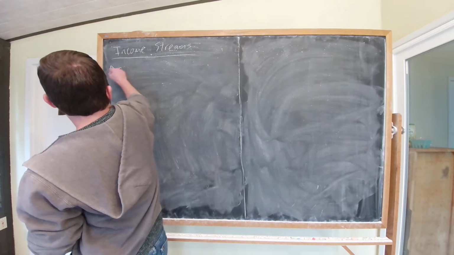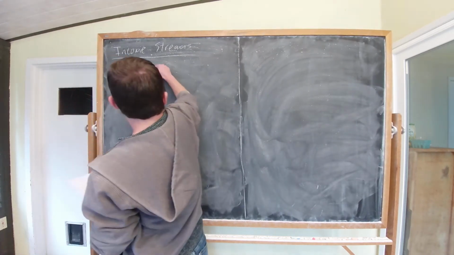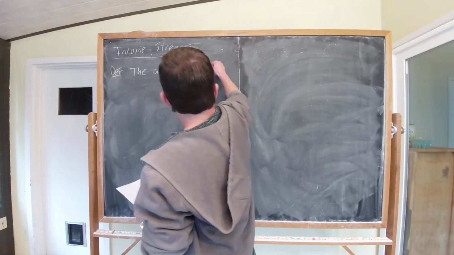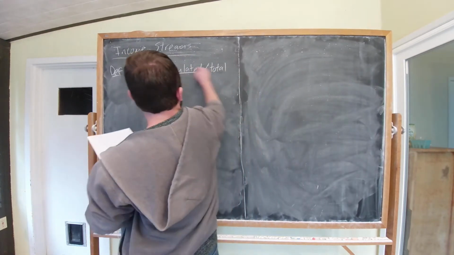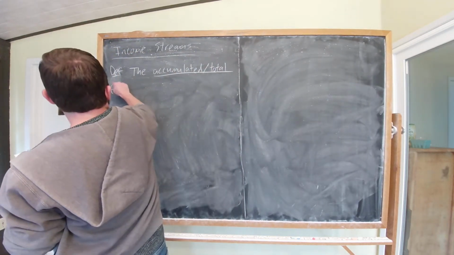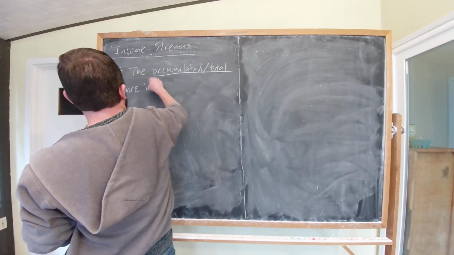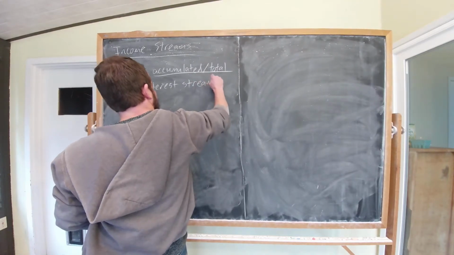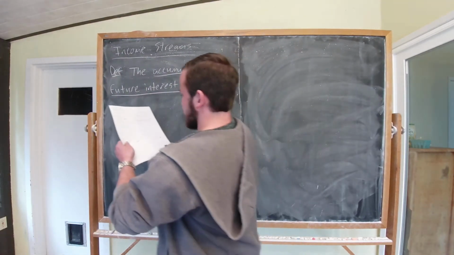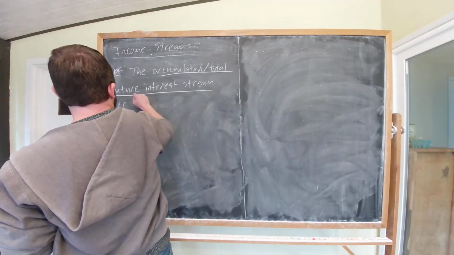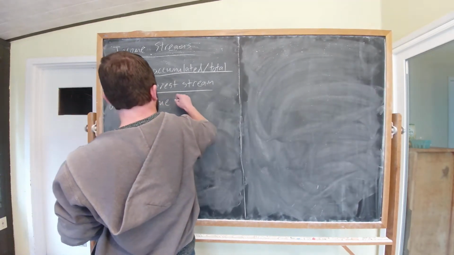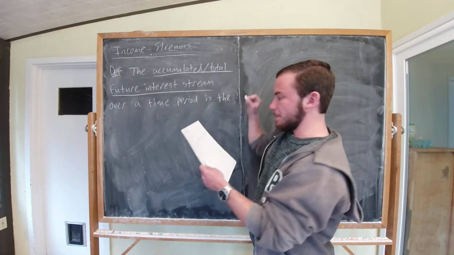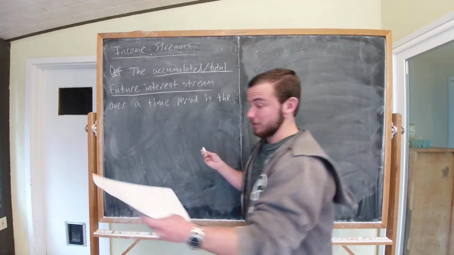Formally, the accumulated or total future interest stream over a time period is the amount of money that the firm ends up making over that time period.